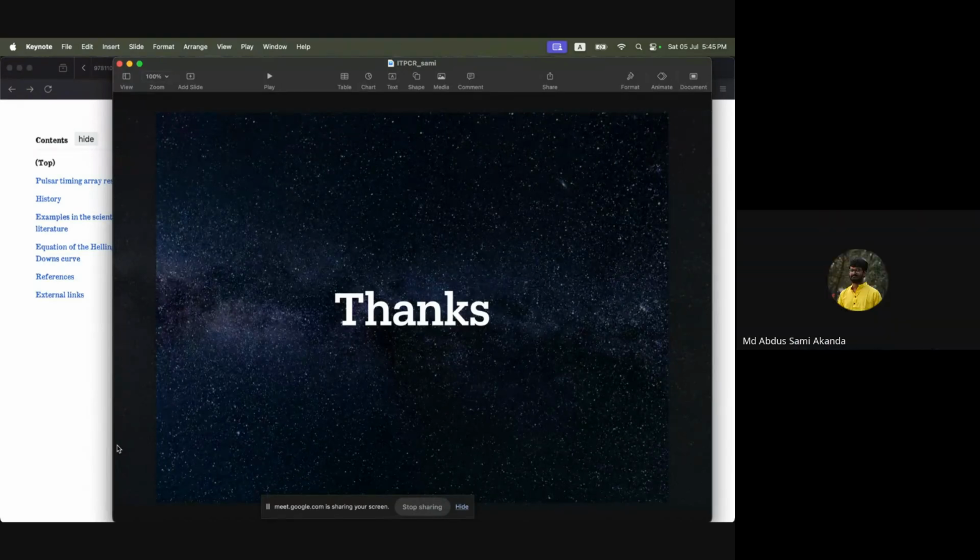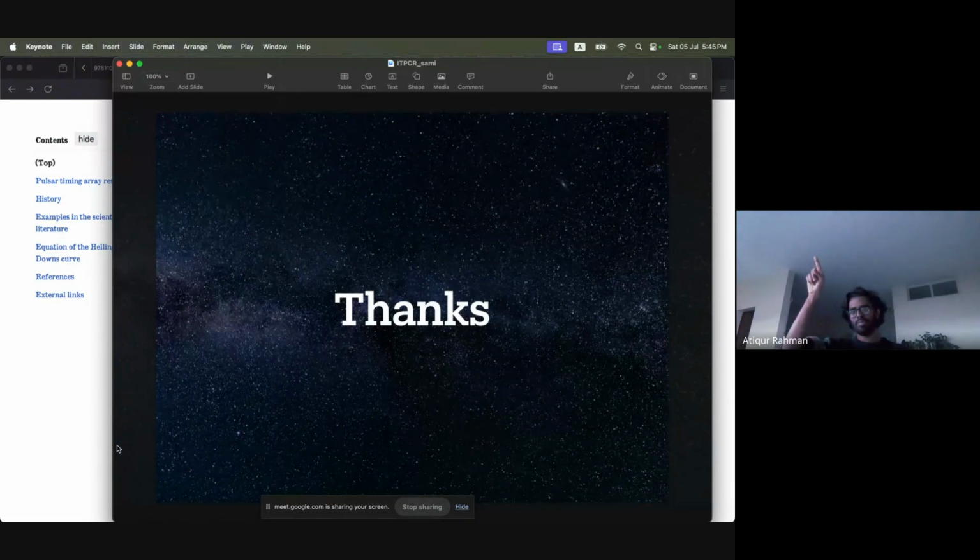Let's say I found one here, I keep it. I found one here, I keep it. Let's say in different directions I have 50 pulsars. I keep all of them, and then I keep timing them for when each should arrive, and then I have a timing model for when it should come, right?